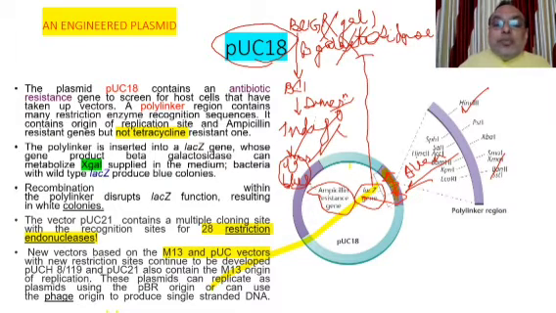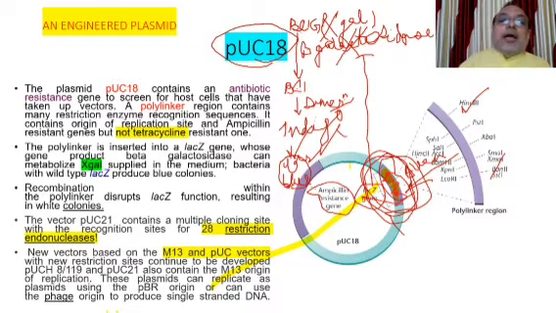And that's why this beta galactosidase is a selectable marker. It is through this beta galactosidase that we are able to select the transformed plasmid or the organism.